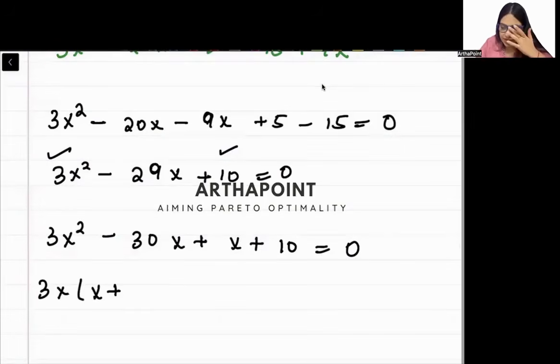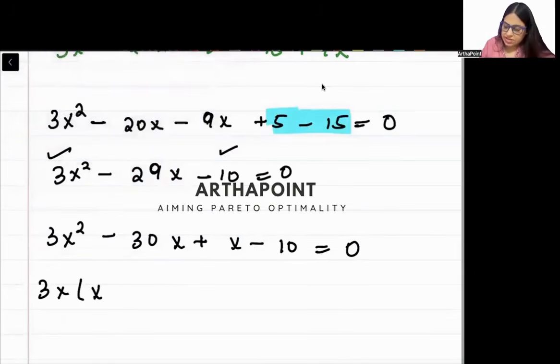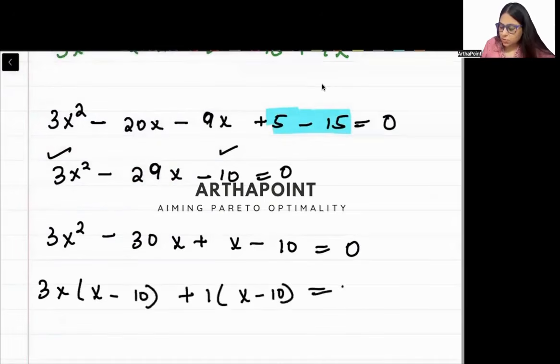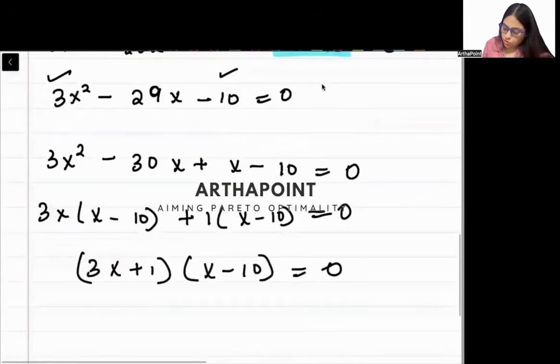Here this is minus 29, and this will be minus 10, 5 minus 15, my bad. So this will be 3x(x minus 10) plus 1(x minus 10) equal to 0. So (3x plus 1)(x minus 10) equal to 0.